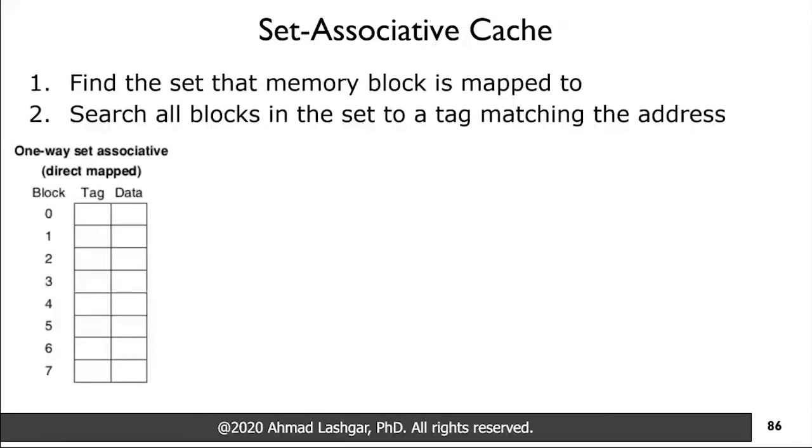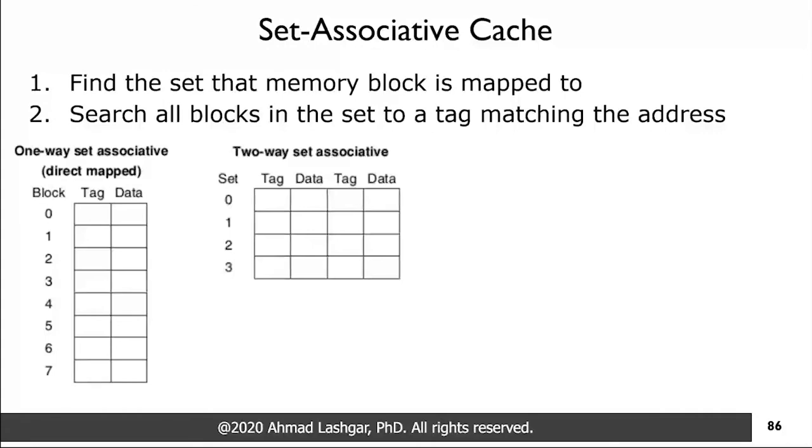Let's see all flavors. One-way set associative is the case where there is only one entry in the set. This is a special case, and it's equivalent to direct map cache. Two-way set associative is the case where every set has 2 lines. Our data might be in any of the 2 ways.